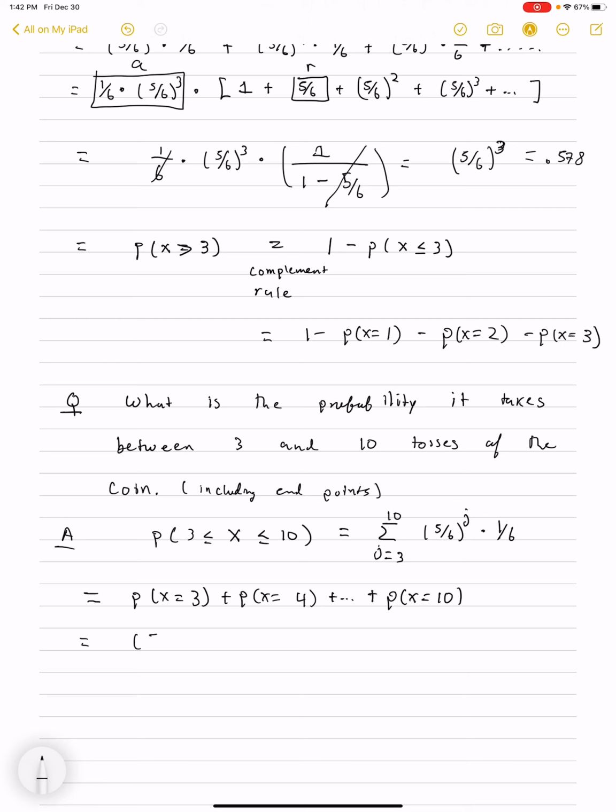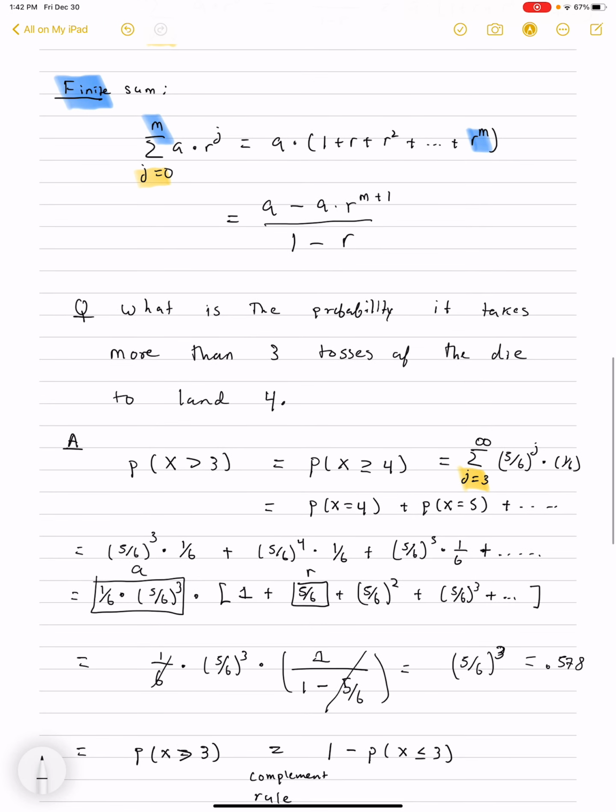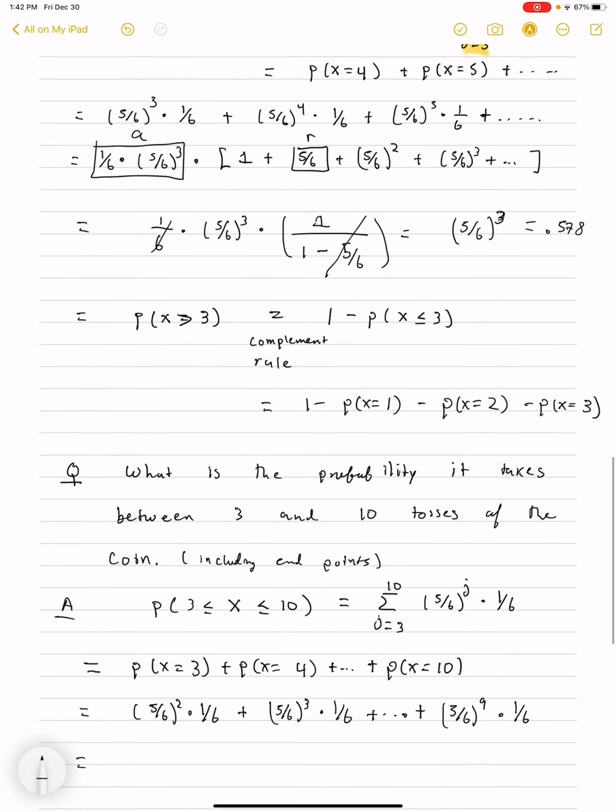So this will be 5/6 squared times 1/6 plus 5/6 cubed times 1/6, then a whole lot of probabilities in between until we get to 10, which will be 5/6 to the 9th times 1/6, and I can write it in that a times 1 plus r form.